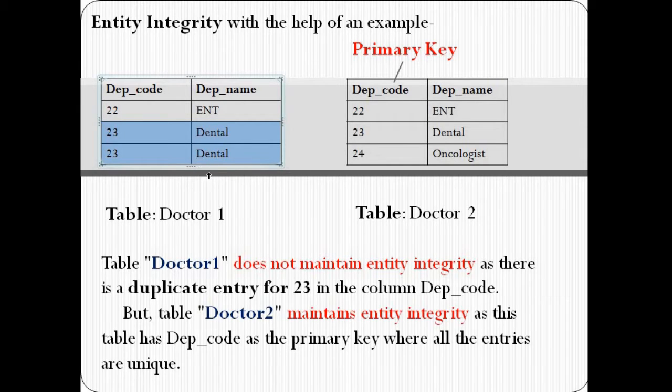Now if we look from the perspective of entity integrity, entity integrity is not maintained in this table Dr. 1. And that is due to the fact that the rows in this table are not unique. So as the row 23 dental has been repeated, there is no entity integrity in this table. Such duplicate rows will make the table inconsistent.